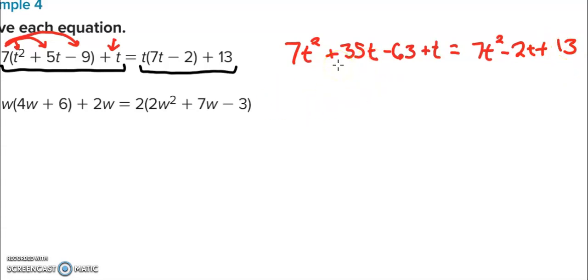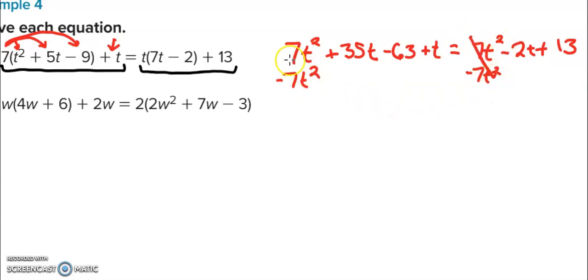All those parentheses are gone, but we just have to start moving variables to the left, combining like terms, getting rid of numbers from the right. So let's subtract 7t squared from this side, and we have to do the same thing to both sides.